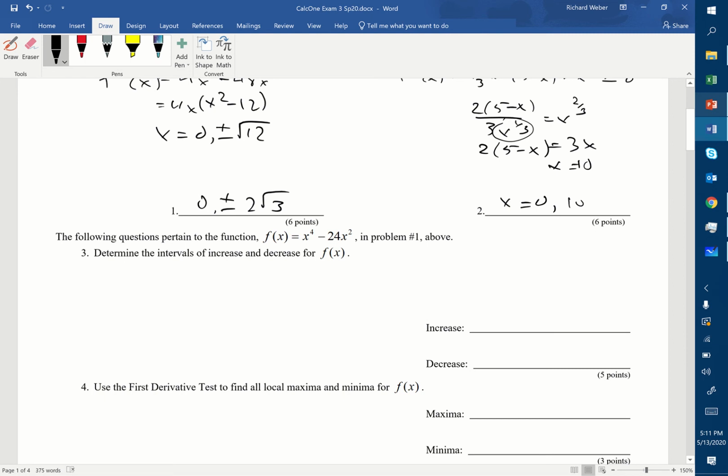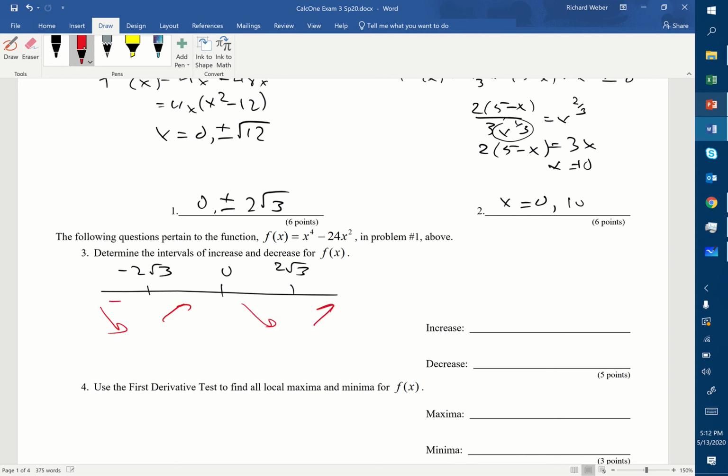What I was looking for on this one was the first derivative test, where you're marking off 0, negative 2 root 3 and 2 root 3. And what I found when I did this was I tested the intervals, and they do something like this, because it's negative, it's positive, it's negative, it's positive.